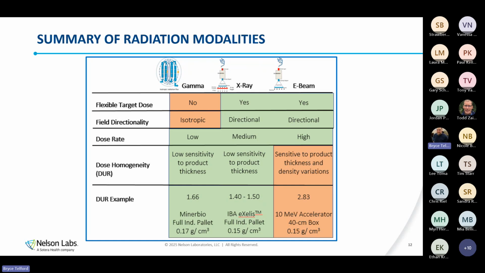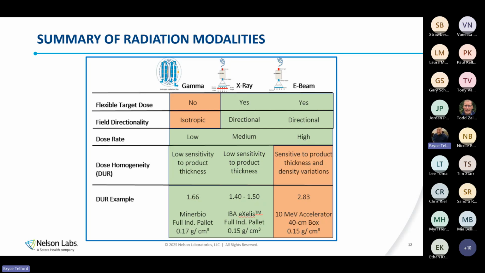In such an example, if I have a 25 kilogray minimum sterilization dose and I have that 1.5, instead of 25 to 40 kilogray, my product's seeing, say, 25 to 37.5, or essentially 25 to 38 kilogray. Now my product is seeing 2 less kilogray with X-ray than, for example, compared to gamma. That drop of 2 kilogray dose may mean all the difference as far as my product's functionality, my packaging, shelf life, things like that. So that's one of the places where X-ray does really shine, is its dose uniformity ratio.